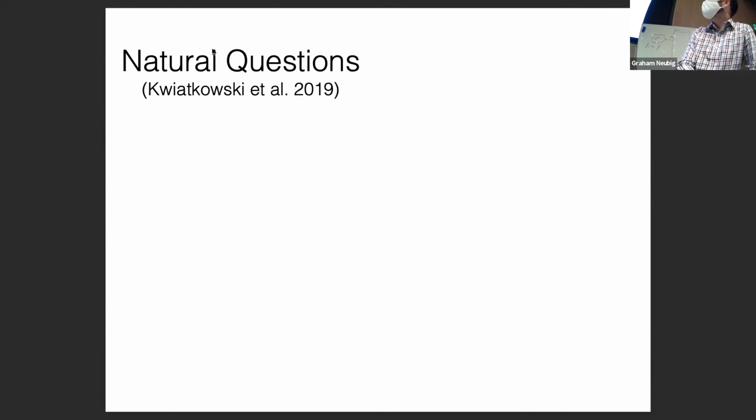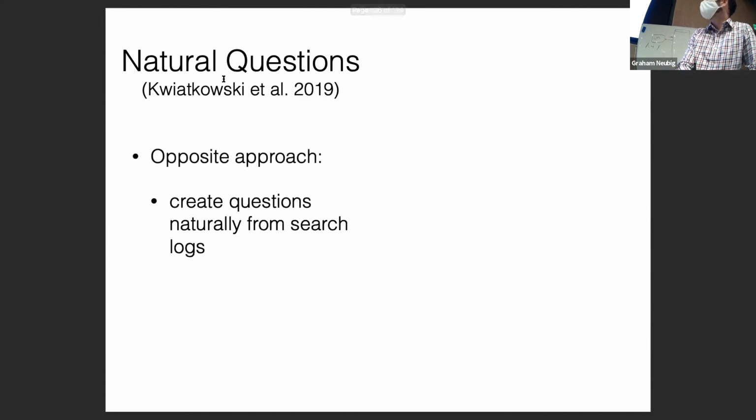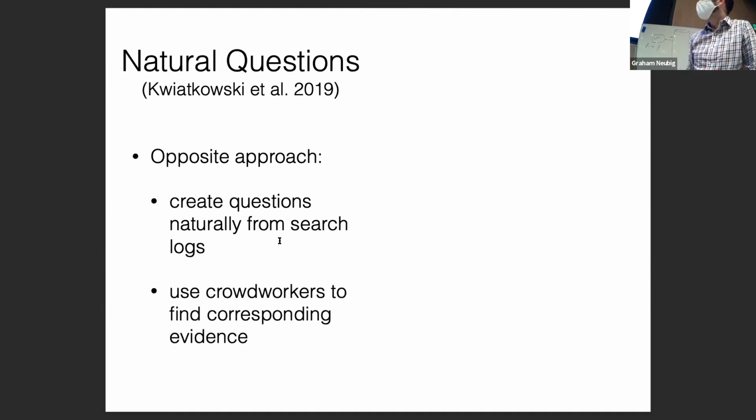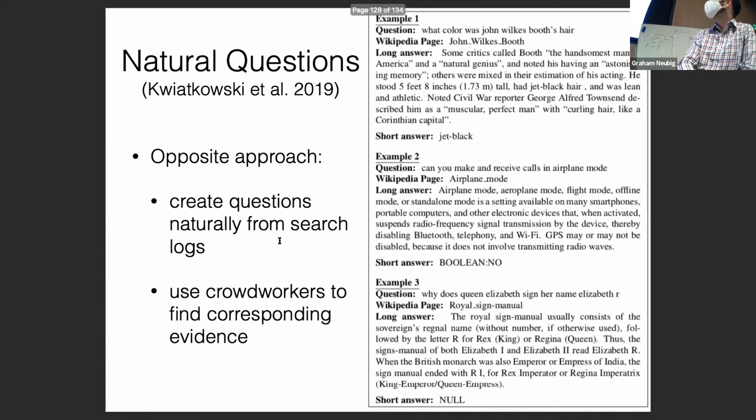A really good example of this is Natural Questions. This is a data set by Google, where basically they got questions from search logs that were asked enough, and they released them. They used crowd workers to find corresponding evidence for these questions, and then they created the answers. So we have some examples like this.